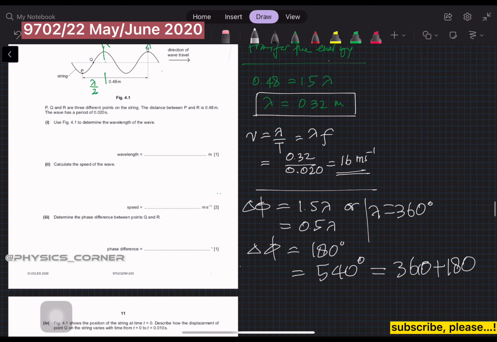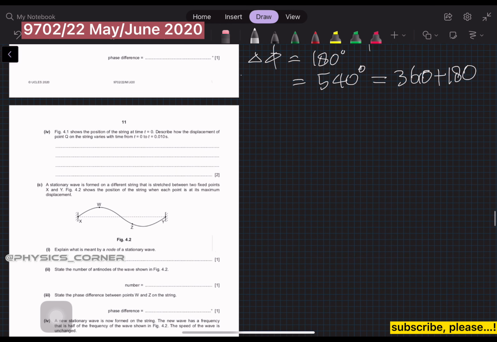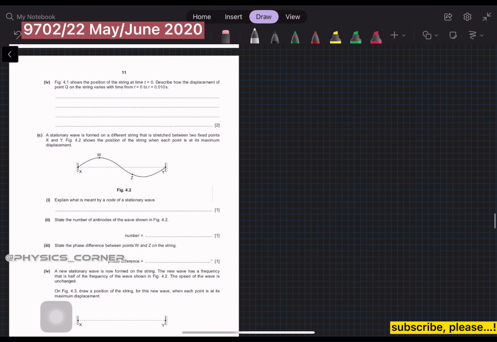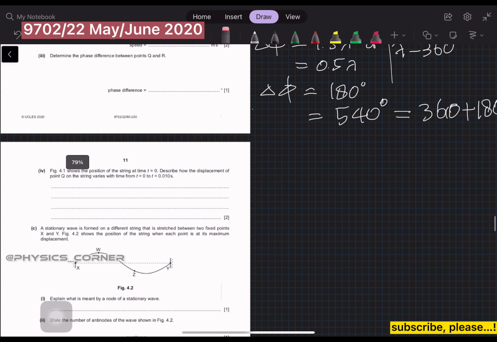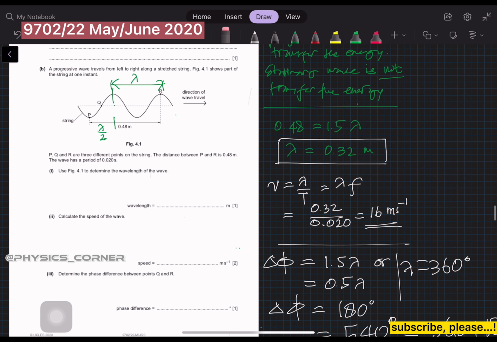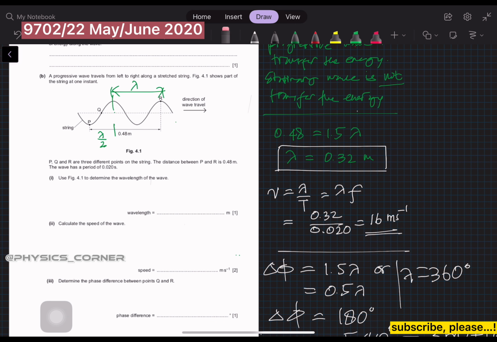Still in this question IV, figure 4.1, the position of the string at time 0. Describe how the displacement of point Q on the string varies with time from T0 to 0.01 seconds.